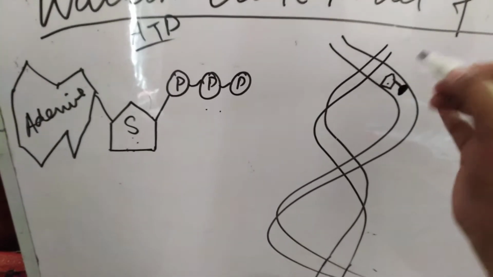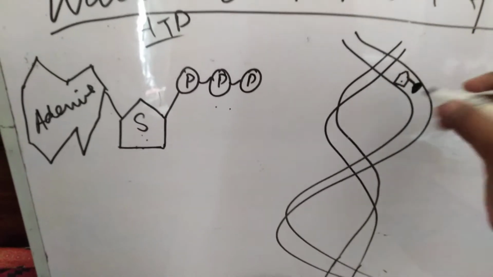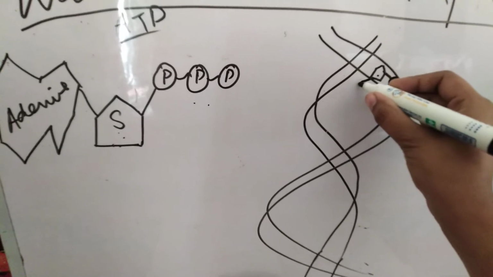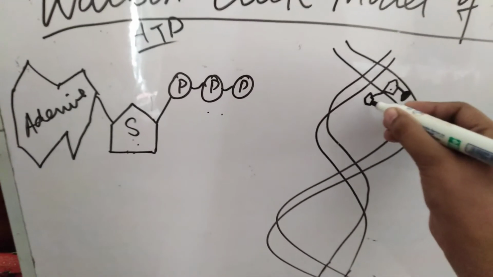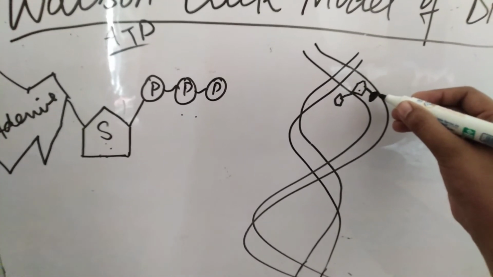Then I said there are nucleotides present inside the structure of DNA. These are nucleotides, these are sugars, and these are phosphate.